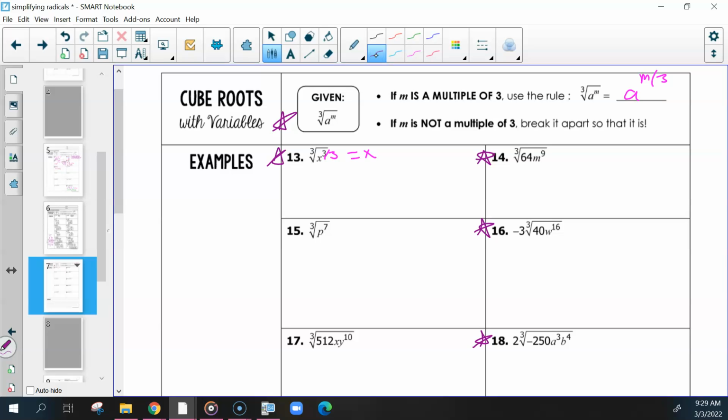Because it is a cube root, we can think about it as breaking it down. And we need groups of 3s. X to the third would be x times x times x. That would give you a group of 3 that would get to come out.